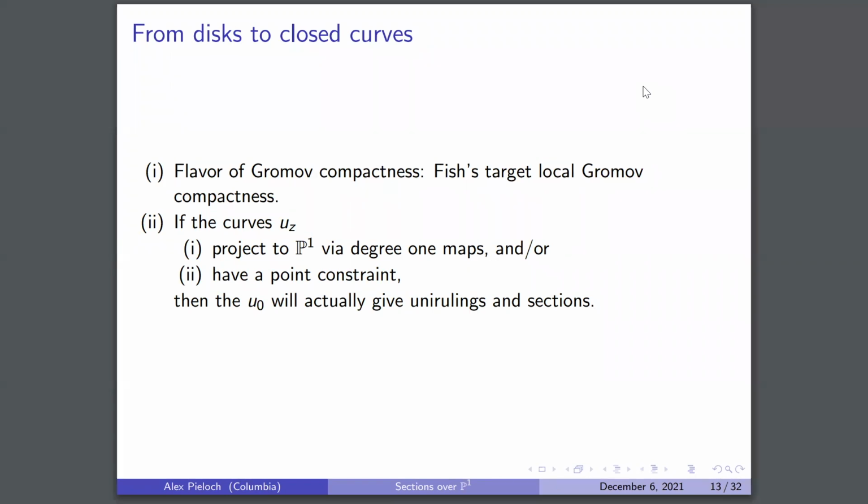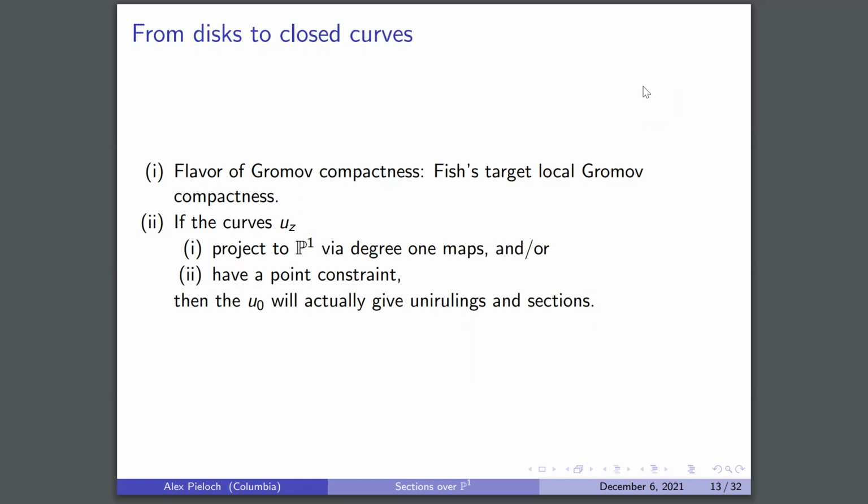So the next remark that I want to make is, I told you how to produce a multi-section, but there are instances in the theorem where we want actual sections or we want unirulings. And really the idea is still very simple. So if you want to degenerate disks into a section, well, you're going to assume that each one of these disks projects into P1 via a degree 1 map. Similarly, when you run the degeneration, what you get is something that actually degenerates to a genuine section as opposed to just a multi-section.